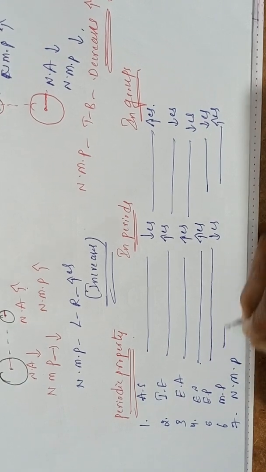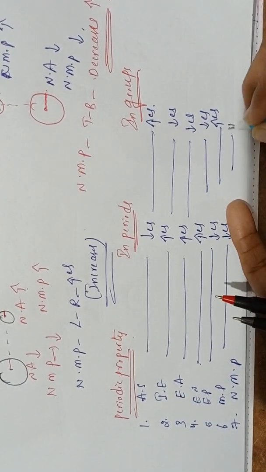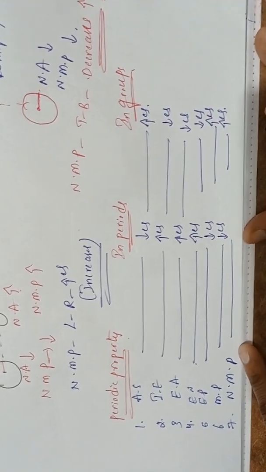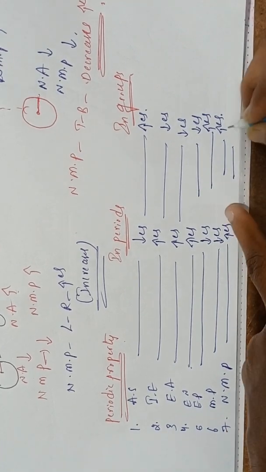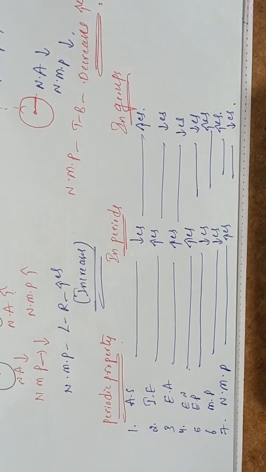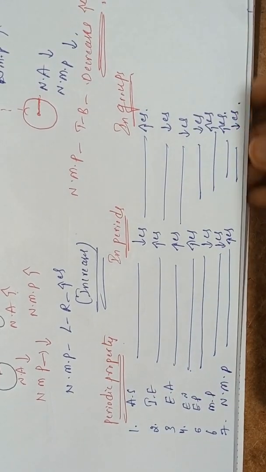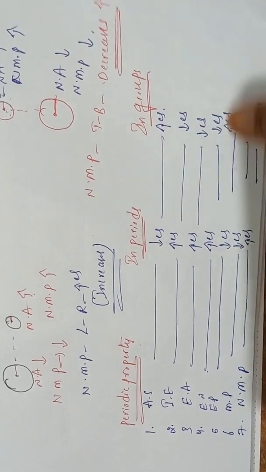Next, metallic property: decreases, here increases. Clear? And last, non-metallic property: increases, here decreases. Clear, students? Just practice this table, you can easily answer any type of question. If you remember this table, it is enough.